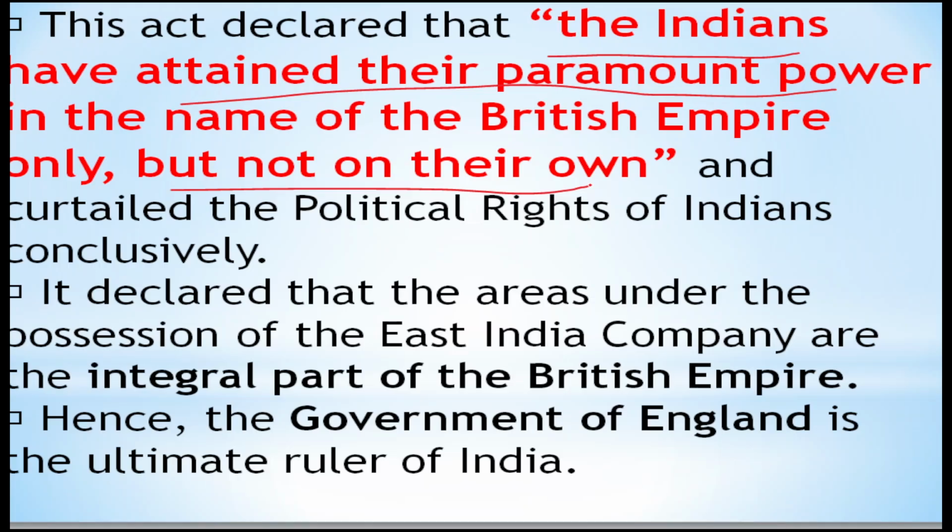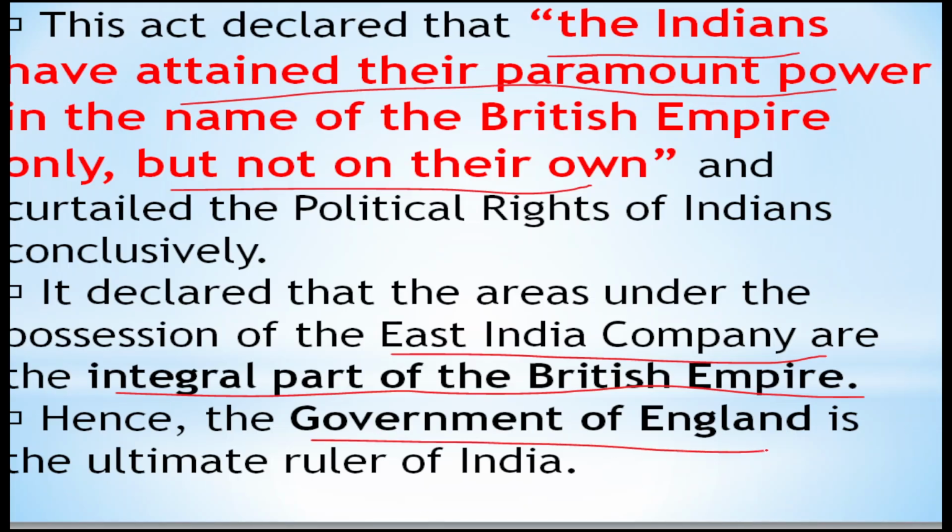Along with that, it declared that the areas under the position of the East India Company are an integral part of the British government. It is very important. According to Pitt's Act, the government of England is the ultimate ruler of India.